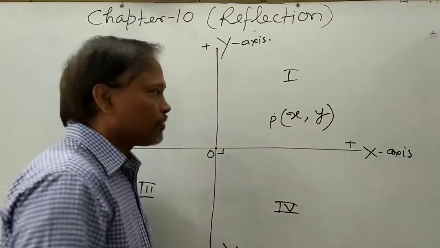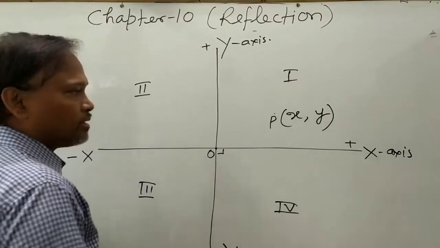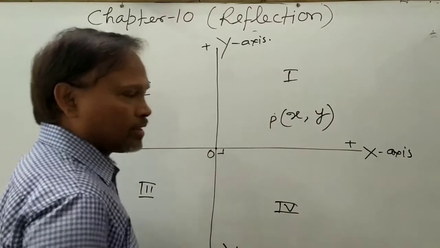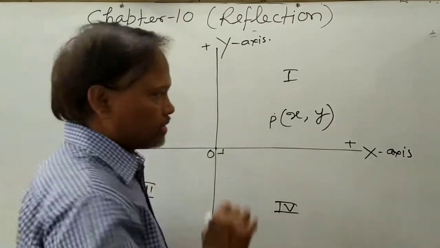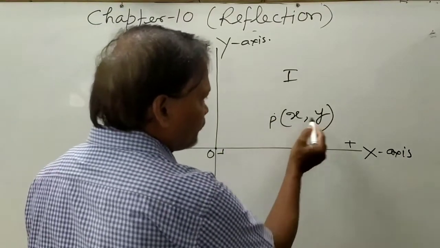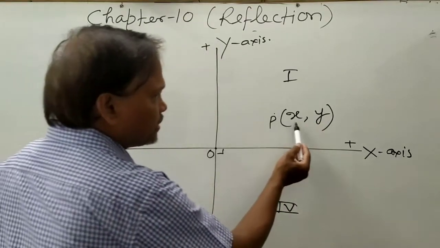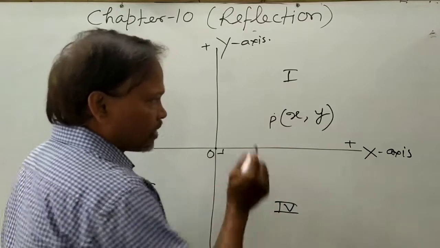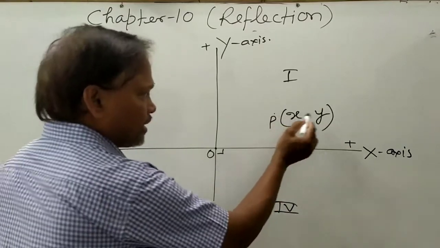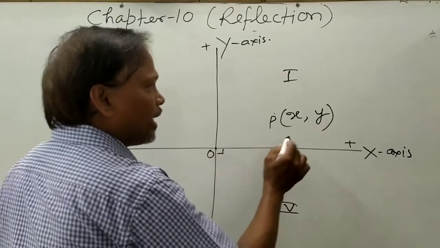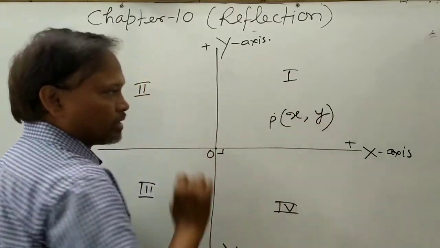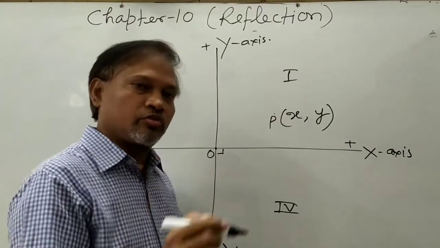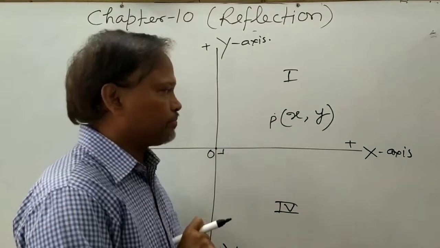Coordinates किसे कहते हैं? Coordinates means the value of the x-axis and the value of the y-axis, called coordinates. Coordinates you will always write in this form, x comma y separated by comma, inside the small bracket, that is known as the coordinates. Also it is known as the ordered pair.